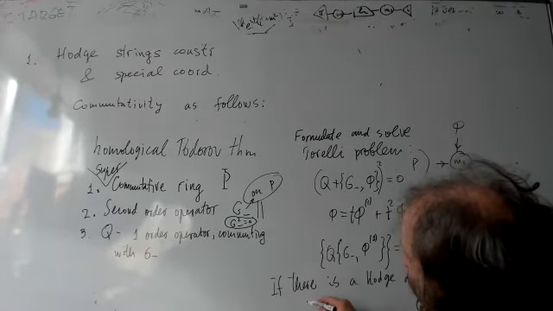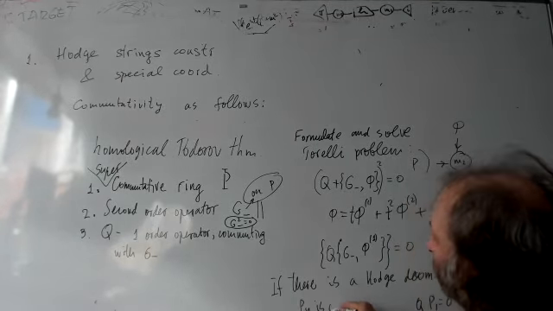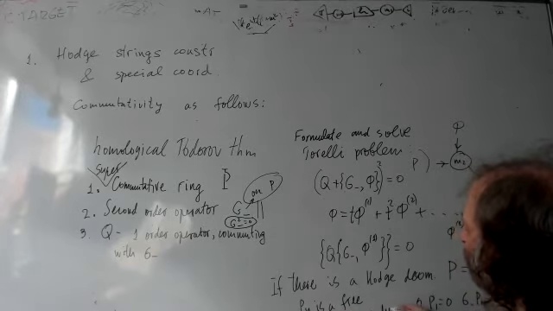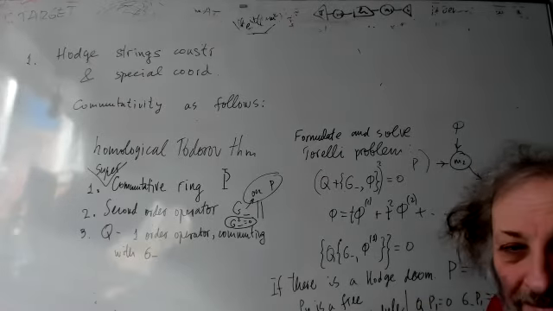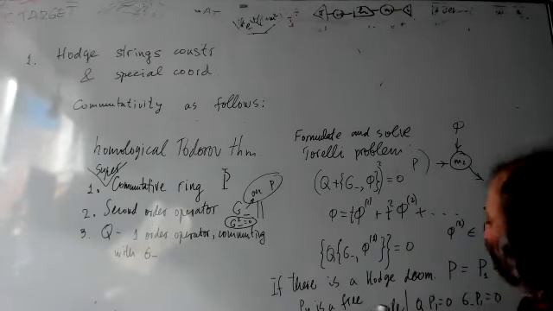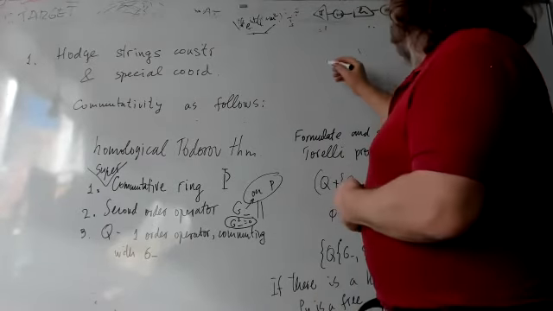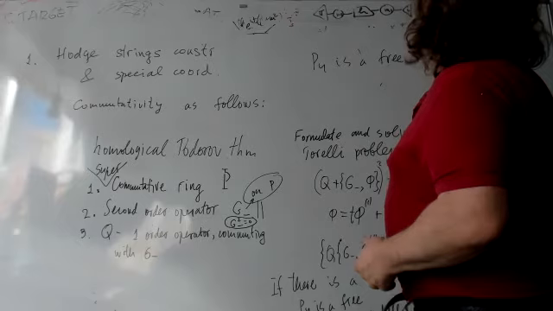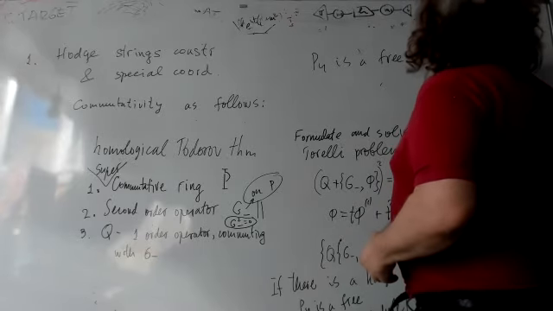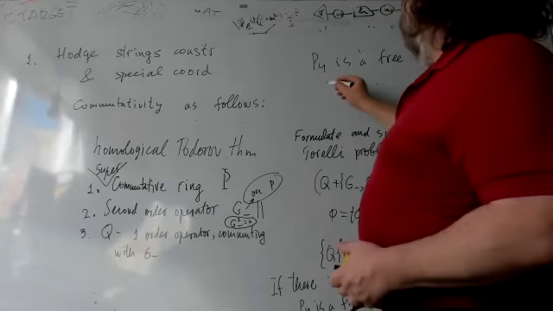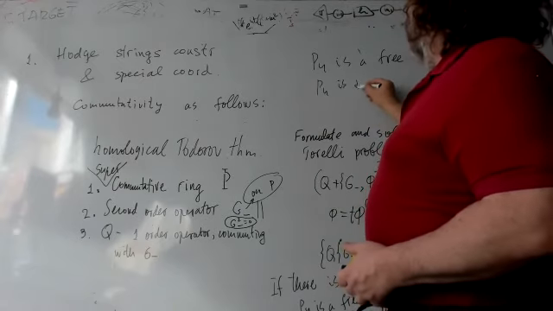And P4 is a free Q and G minus module. So P4 is a span of free generators.